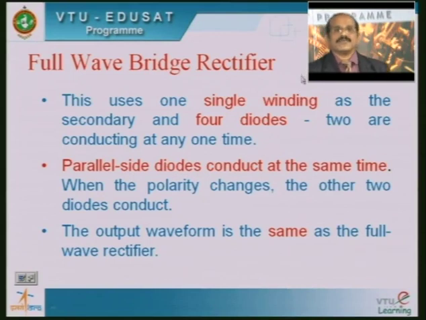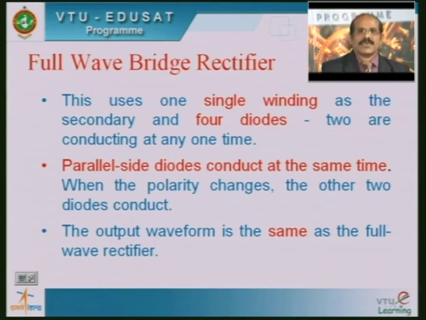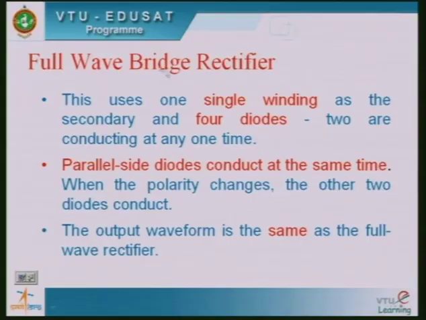Friends, please note that this full wave bridge rectifier uses a single winding as the secondary, compared with the full wave rectifier using the center tap configuration. Unlike the center tap configuration, which makes use of two windings in the secondary, the bridge rectifier uses only a single winding.